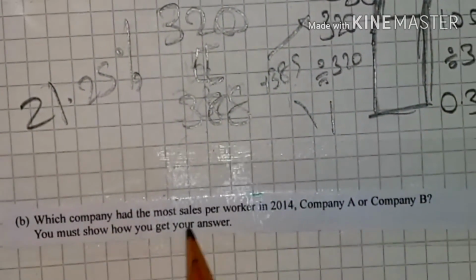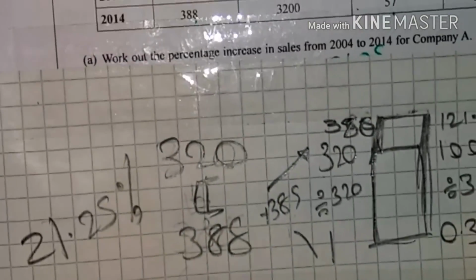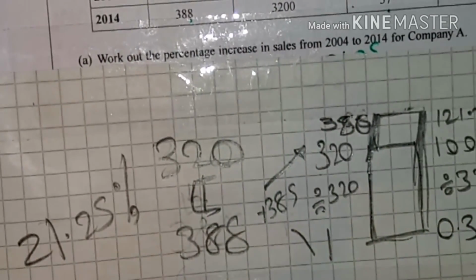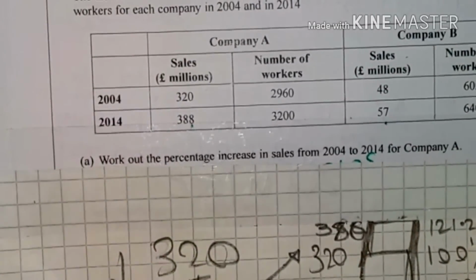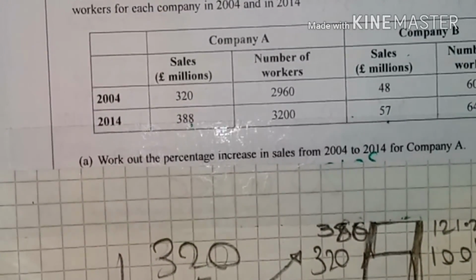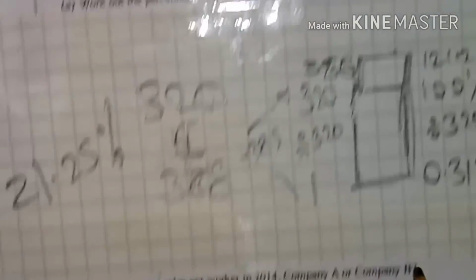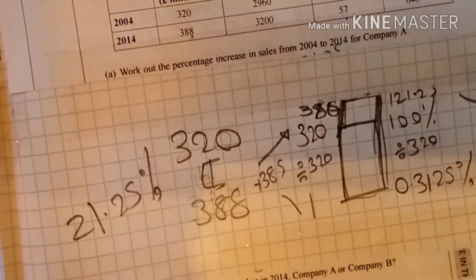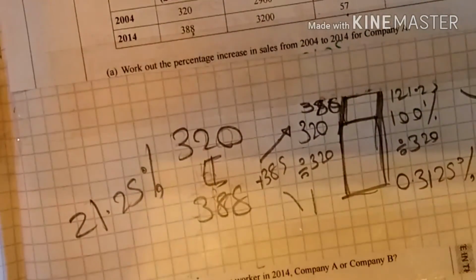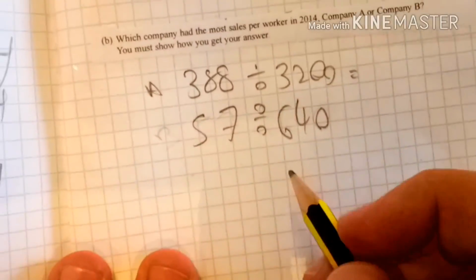So we're doing sales per worker in 2014. I've got 388, which is my sales for Company A. My workers is 3,200, so I've got 388 divided by 3,200. For Company B, 57 divided by 640.